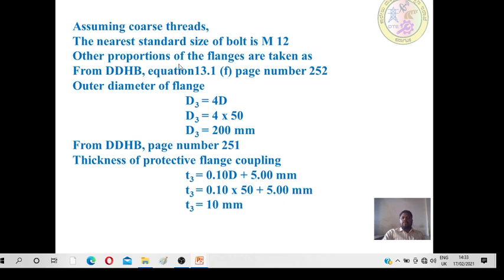So other proportions of the flange are taken as, from data handbook we have outer diameter of the flange D3 equal to 4D, that is 4 into 50 is 200 mm. And from the data handbook we have thickness of the protective flange coupling T3 equal to 0.10D plus 5.00 mm. You substitute everything, you will get T3 equal to 10 mm.